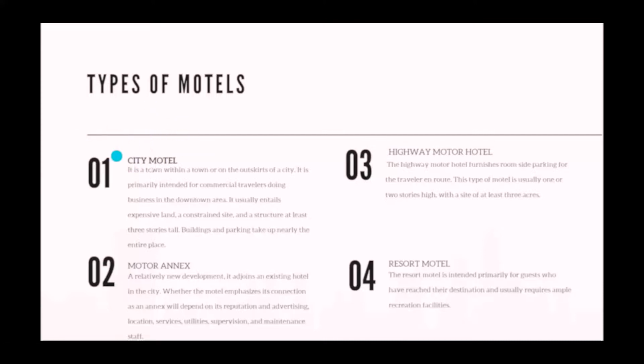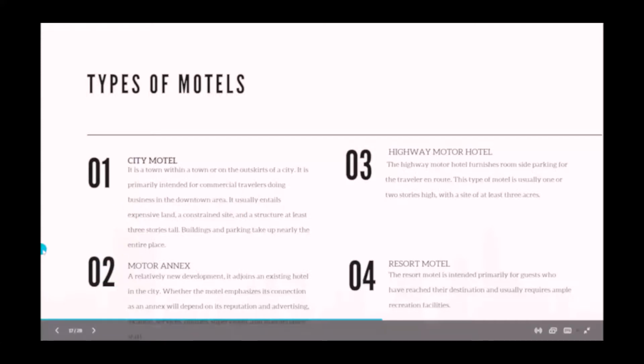So city motel, it is on the downtown, usually not at the center of the city, but within the radius of the city. So this city motel is for those travelers who have business on the outskirts of town. Number 2, motor annex, a relatively new development.